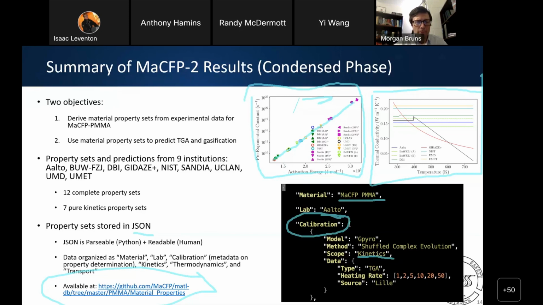So this information is in there, plus the actual properties themselves. I didn't list them there because that's more straightforward to a large extent. So all this is available. You can go to MaCFP, you can get these files, you can get properties for this MaCFP PMMA.